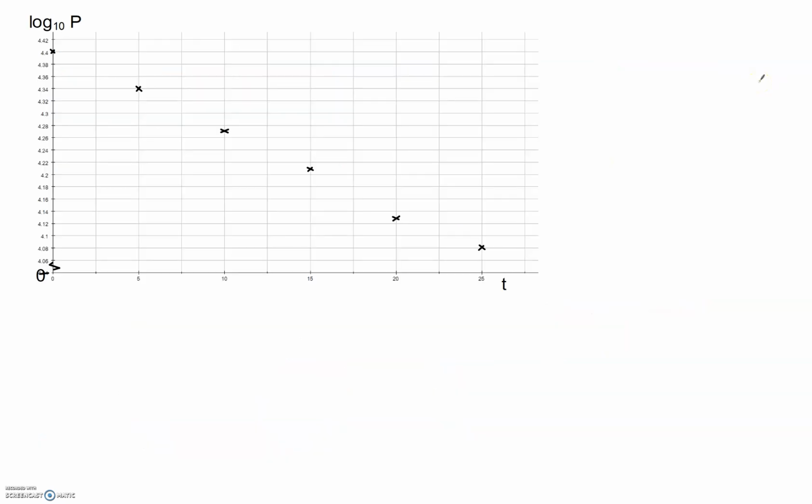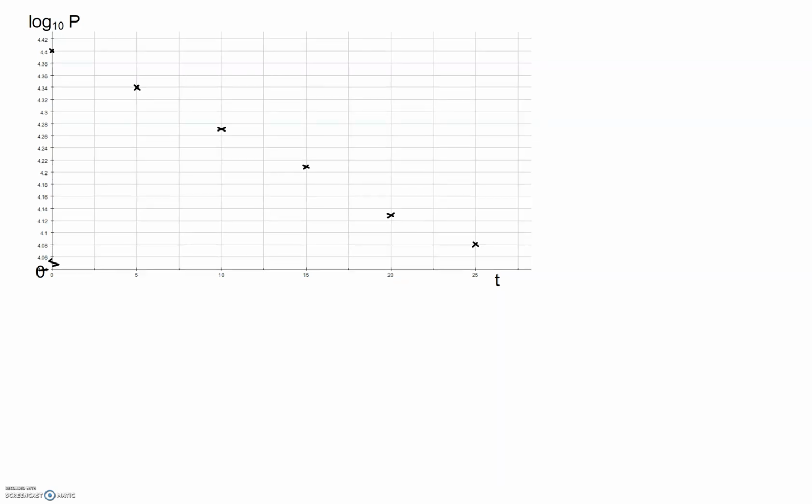So I've plotted these points, and you can see that they make a straight line. There's a negative gradient, which is no surprise because the population of house sparrows was decreasing, and we're going to look to do a line of best fit.